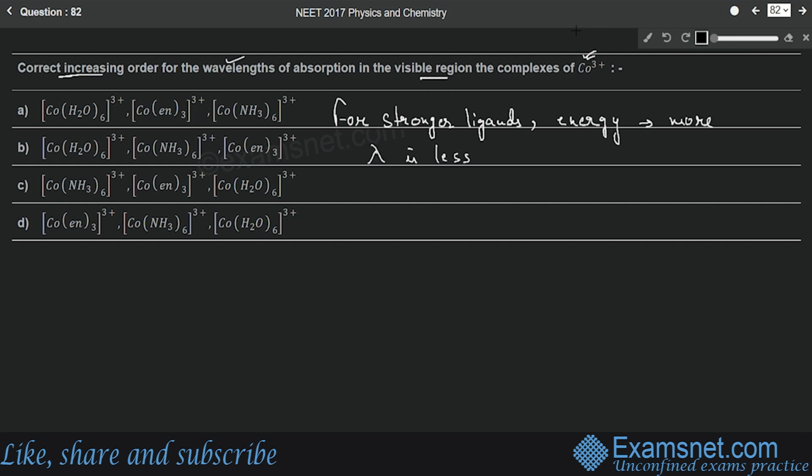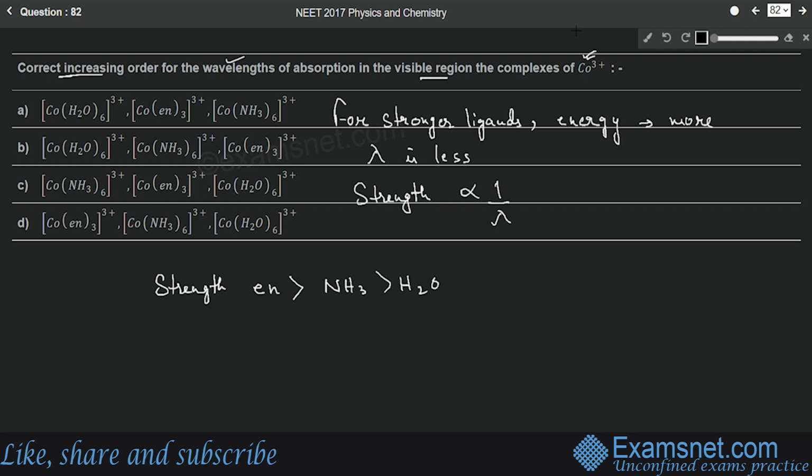That means as the ligand gets stronger, its energy will increase, but its wavelength will decrease. So we can say that the strength of the ligand is inversely proportional to the wavelength. Okay, so first we'll arrange them in increasing order of the strength. Out of the given options, the strongest ligand is en, and then ammonia, and then water.